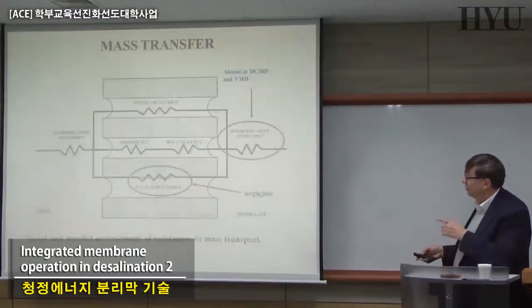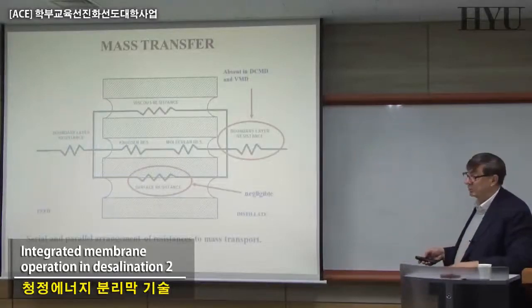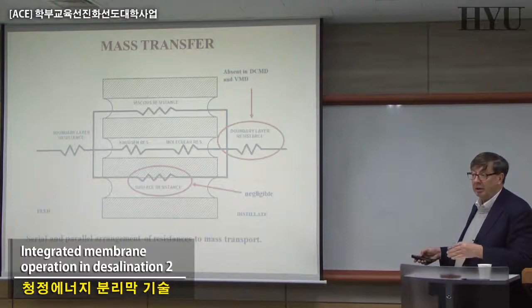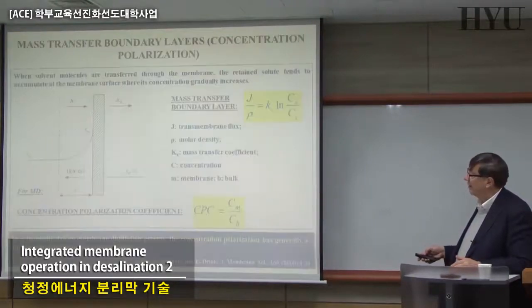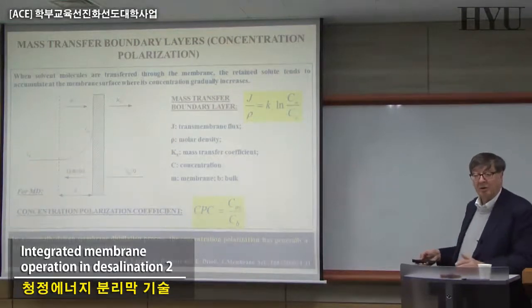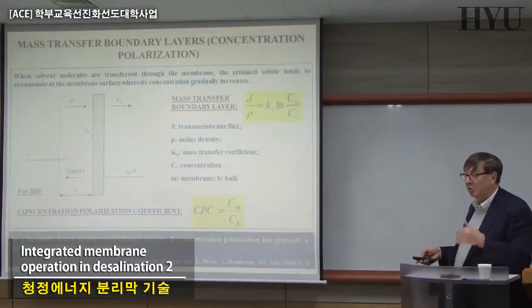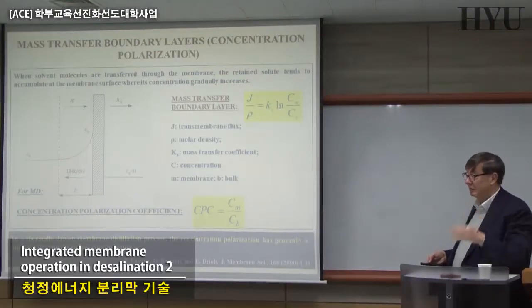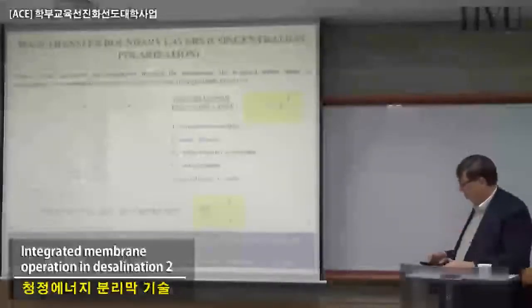But if you go through this kind of analysis, with the typical analogy with an electrical circuit, at the end of the story it turns out that the effects are negligible. You can just use the same equation you saw many times, and this phenomenon is not very important because we don't have any significant convective flux to the membrane surface, and so we don't accumulate as in nanofiltration, ultrafiltration, and reverse osmosis.